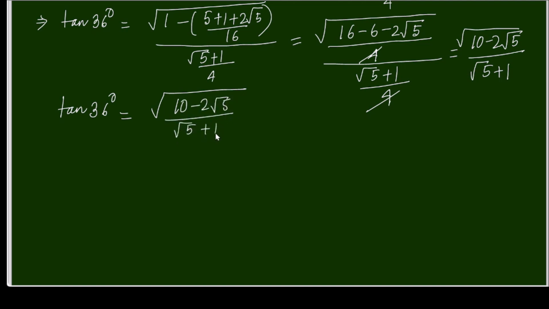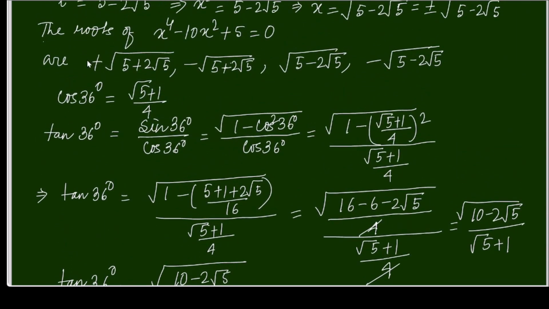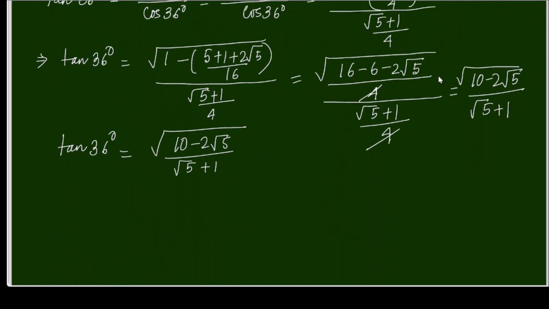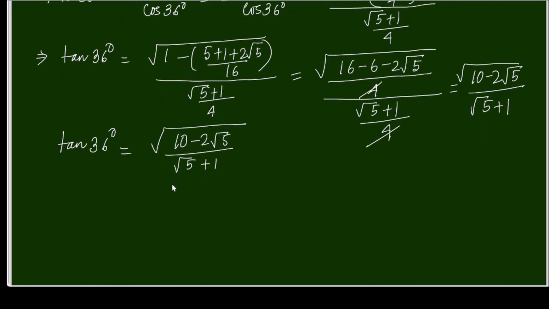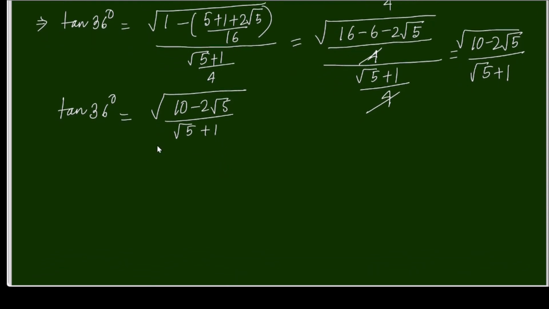But this does not match with the answers here. These are the 4 answers, but it does not match with any of these. So we have to bring tan 36 into this form. So what will be my next step? I'll rationalize the denominator. Not rationalizing yet. First, what I'm doing is taking the 10 minus 2 root 5 and putting the square root of the denominator under this root.